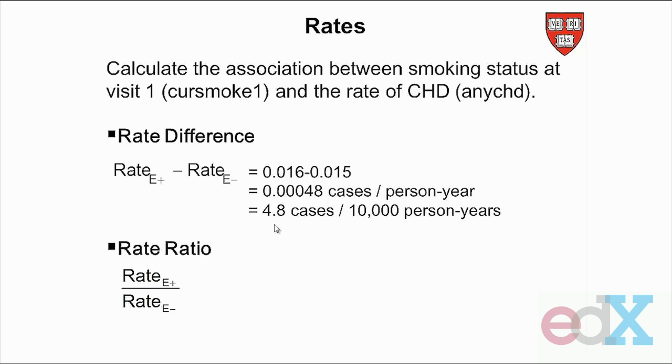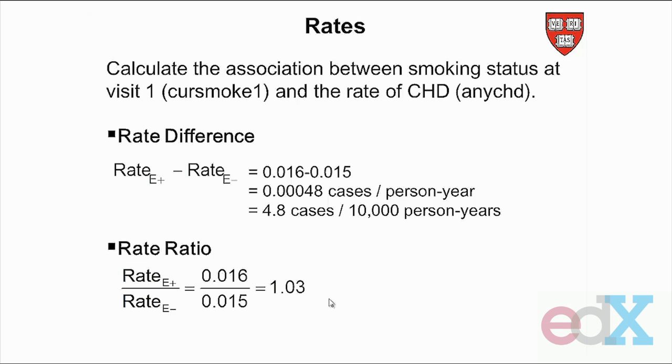This can be interpreted as the rate of coronary heart disease is 4.8 cases per 10,000 person-years higher among smokers than non-smokers. Our rate ratio would be the 0.016 divided by the 0.015, resulting in an estimate of 1.03. Again, rate ratios are interpreted as a multiplicative effect, so the smokers had 1.03 times the rate of CHD compared to non-smokers.